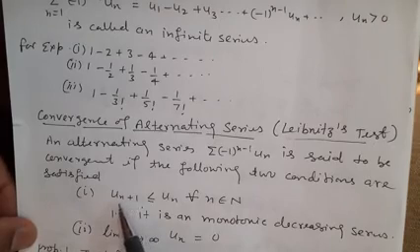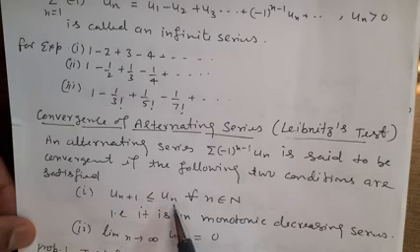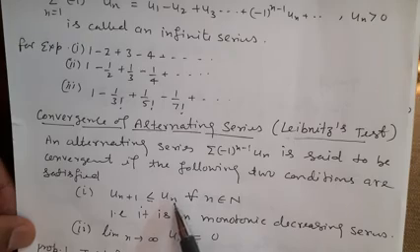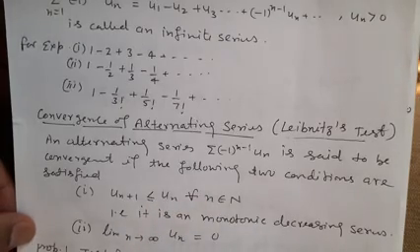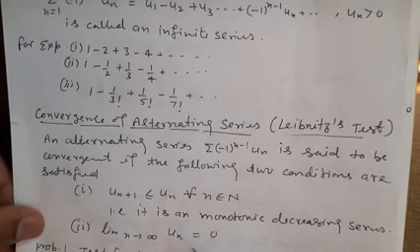It is simple. You can say second term is less than first term, third term is less than second term, fourth term is less than third term. And the second property is limit n tends to infinite un is 0.